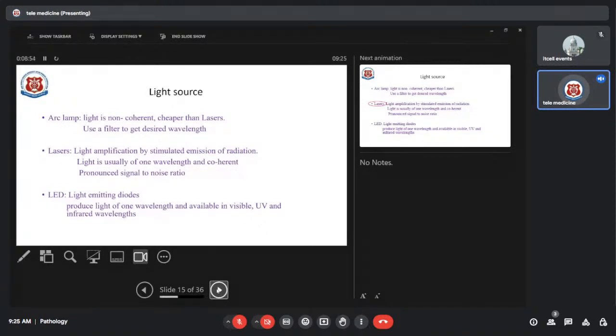That is, we can differentiate between the signal and noise to a larger extent. There are other light sources like the arc lamp, but we don't prefer to use it because the light is non-coherent. Similarly, LEDs we don't use, because they produce light of one wavelength, which is available in visible, UV and infrared wavelengths, and moreover the light produced is non-coherent. So we prefer to use the laser light.